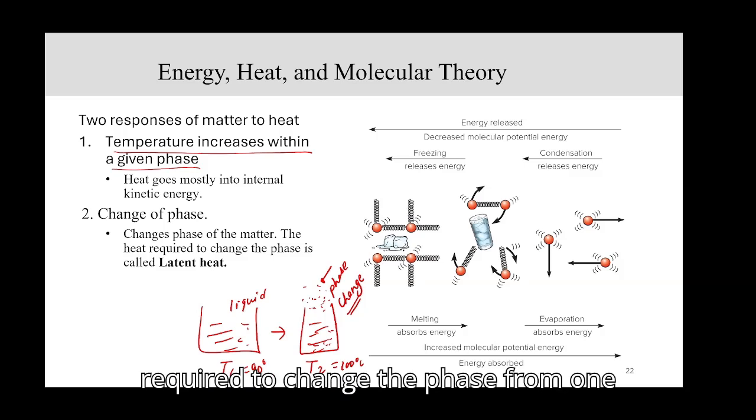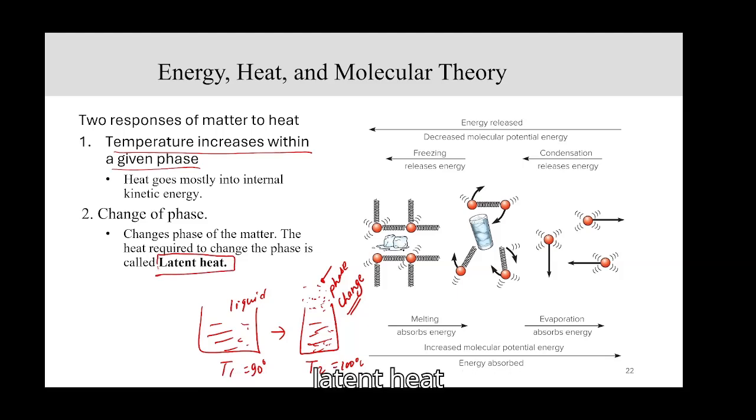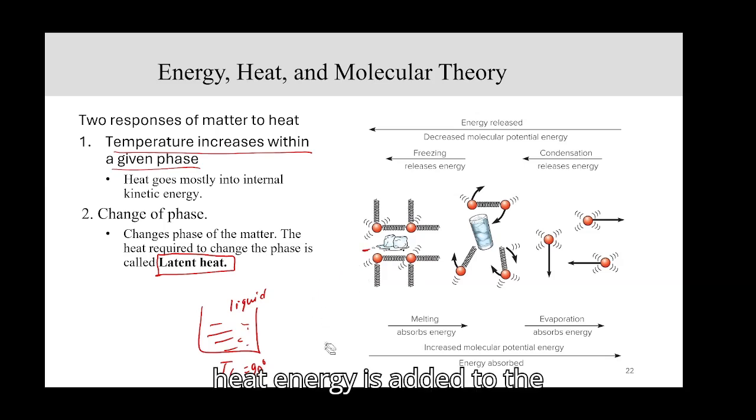And the heat energy required to change the phase from one phase to another phase is called latent heat. We can see in the figure on the right here, there is ice, and heat energy is added to the system, and the internal energy of the particles that the ice is made up of, the kinetic energy, is increased, and it changes its phase from solid to liquid.